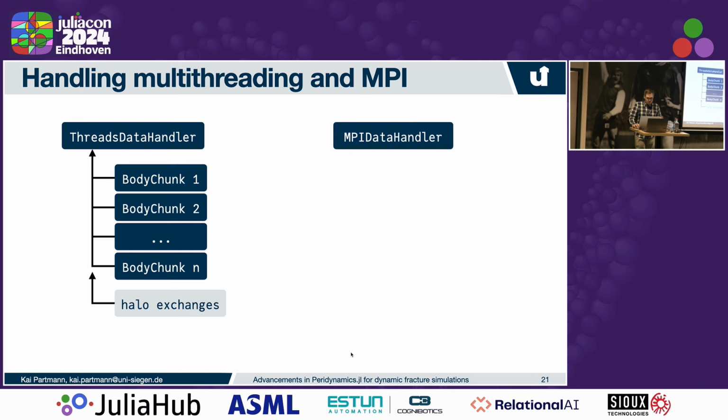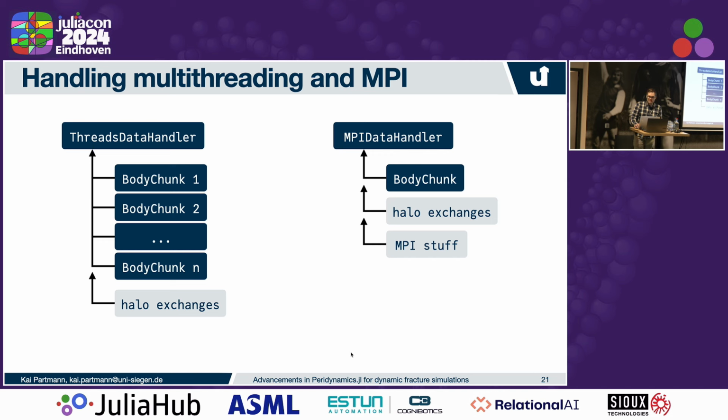Compared to that, an MPI data handler only has one body chunk, but also needs the same halo exchange information and additionally some MPI stuff. So the core methods on these body chunks or halo exchanges can be reused with both backends.